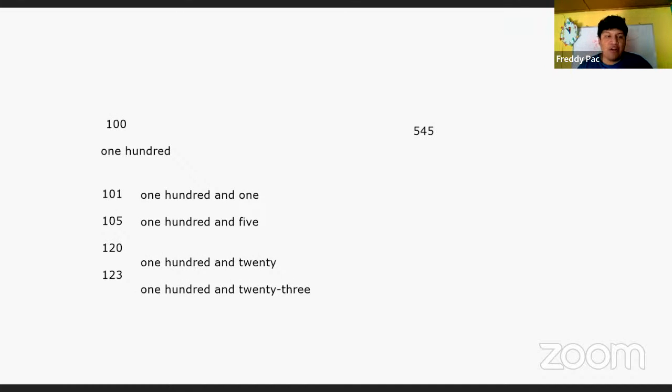So the way you are going to write this number is this. Give me a moment just to fix it because I don't think you are seeing that, but I will check on you. 545. I am using the hyphen in the 45. Yes. 545.